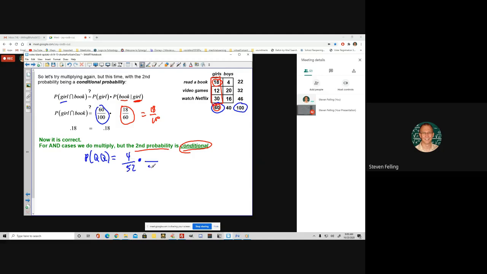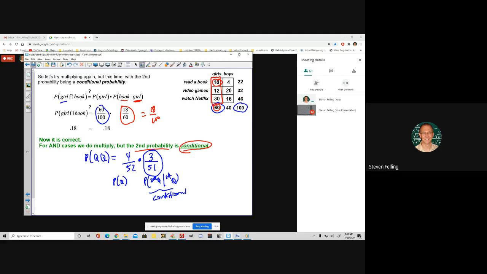So now there's 51 cards in the deck, and only 3 of those are queens. So this one is the probability that the first one's a queen. But this one is the probability that the second one is a queen, given that the first one was a queen. And therefore, it's a conditional probability. That always has to occur. When you calculate the second probability, you have to think about what happened first and account for that.